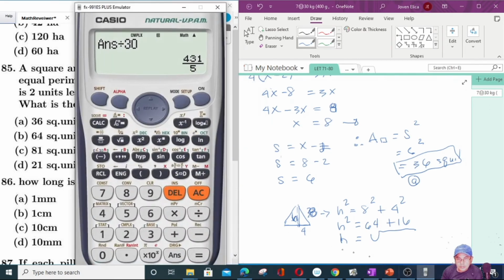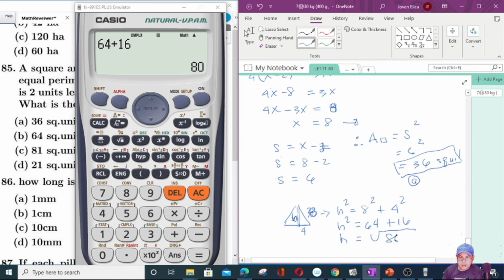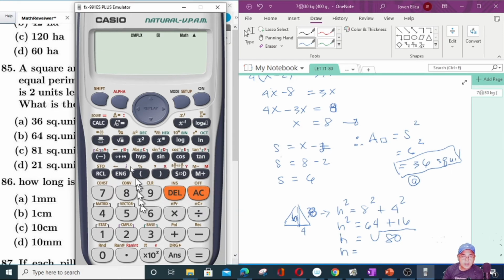Let's solve: 64 plus 16 is 80, square root of 80 is equal to h.